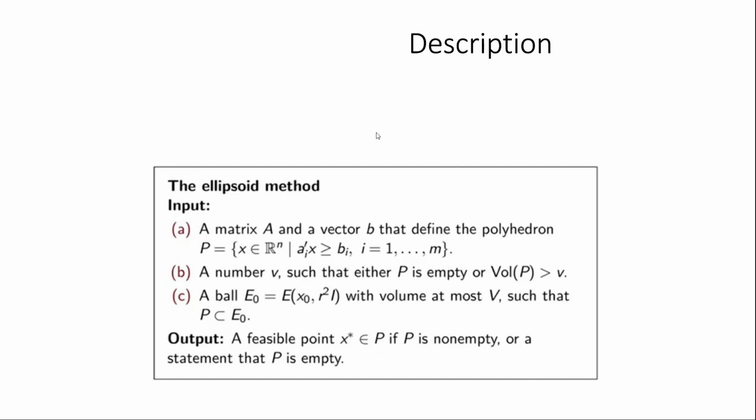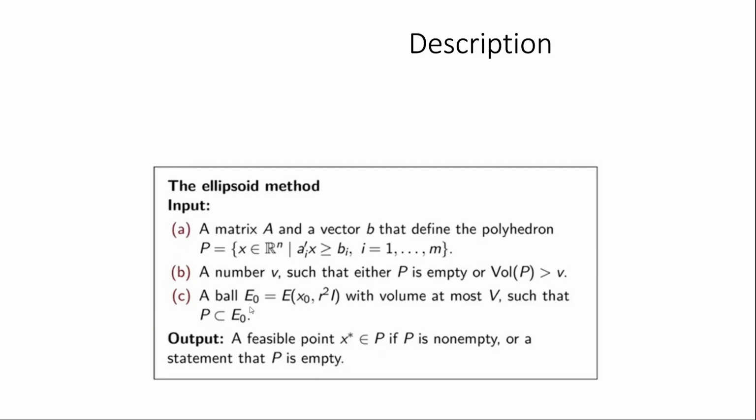The important thing is we take the input matrix A, which contains all the constraints, and using those constraints we create the polyhedron P. Now V is a number that we have taken, and we prove that the volume of P is greater than or equal to V. So we take a number V and initialize the ellipsoid.